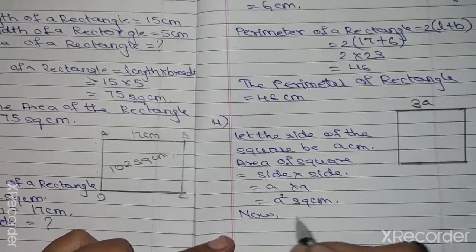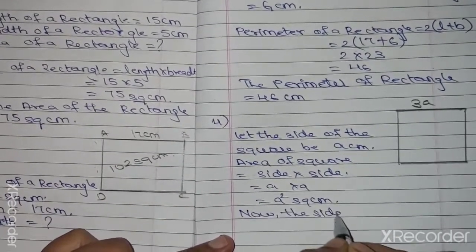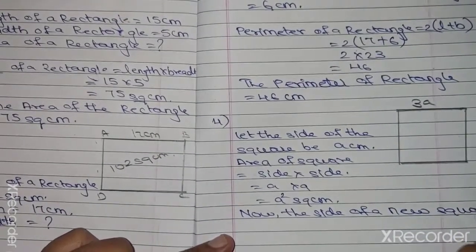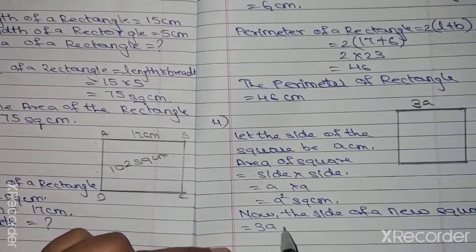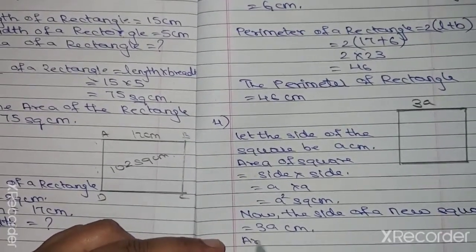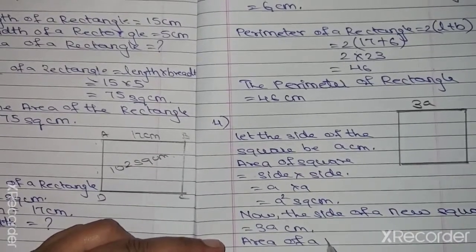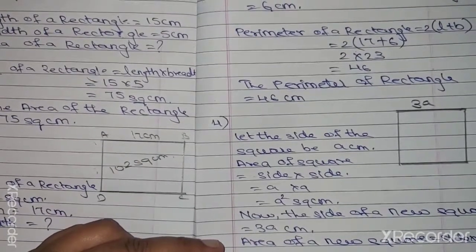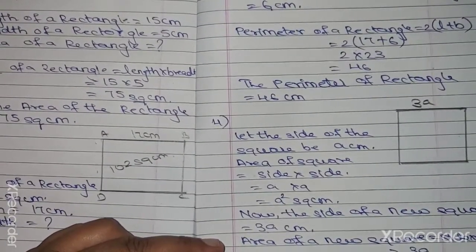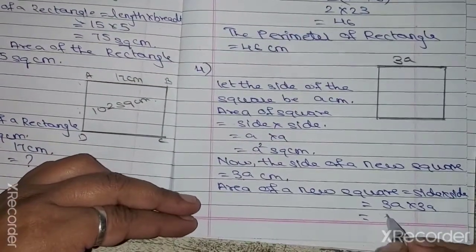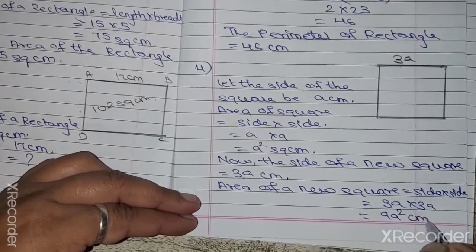Now the side of the new square is 3A centimeter. Then area of the new square equals side multiplied by side, which means 3A multiplied by 3A. 3 3s are 9. 9A square centimeter.